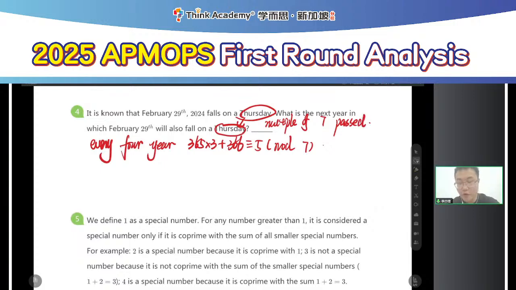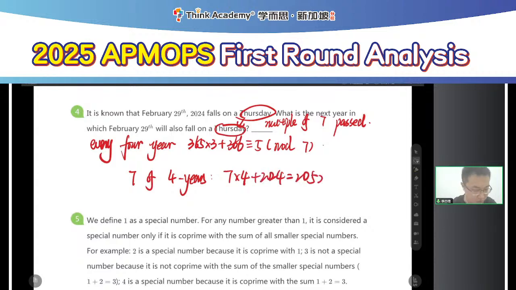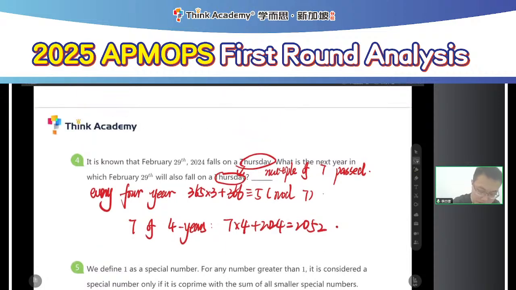Because every 4 years the remainder is 5, we need 7 of those 4-year periods to make a multiple of 7. So it's 7 times 4, about 28 years passed. Then we add 2024, so it's 2052, right? 2052. So easy one, also an easy one.